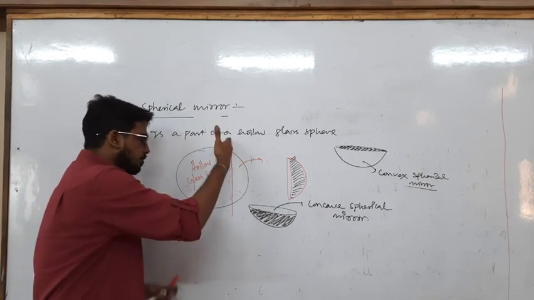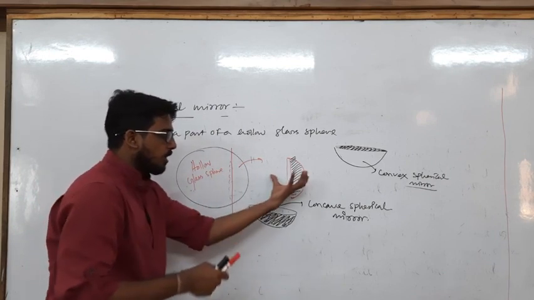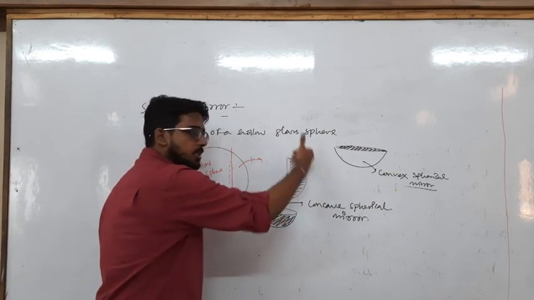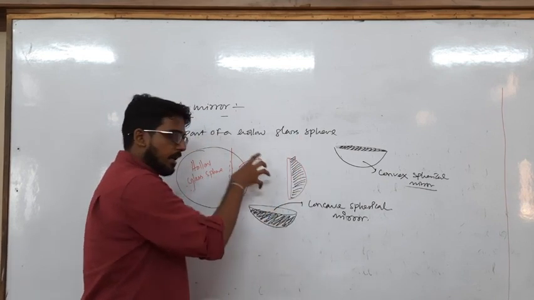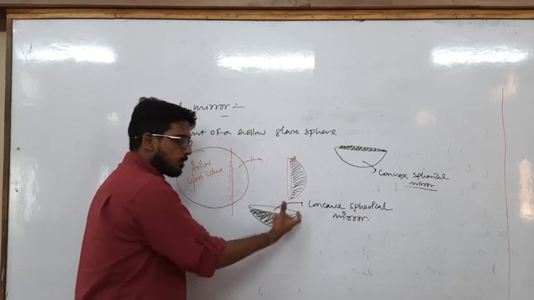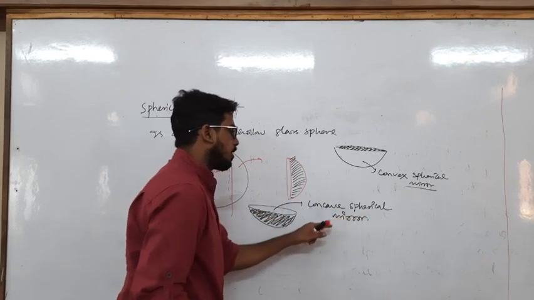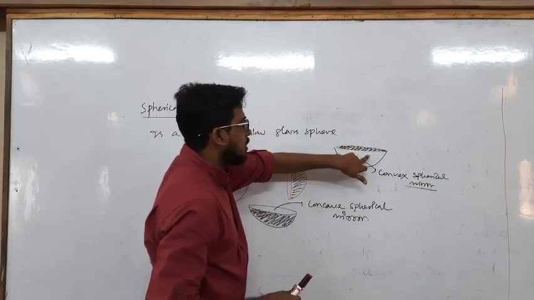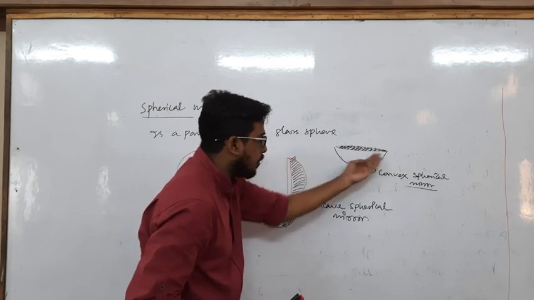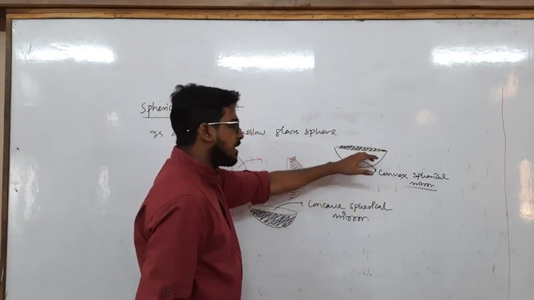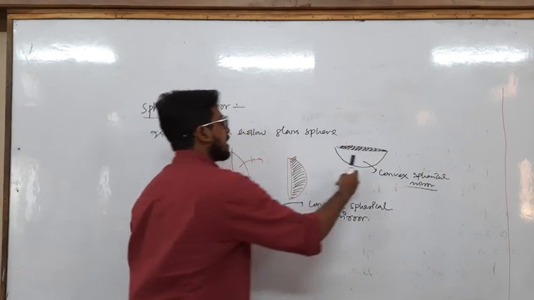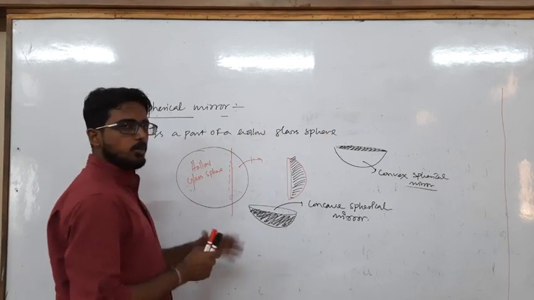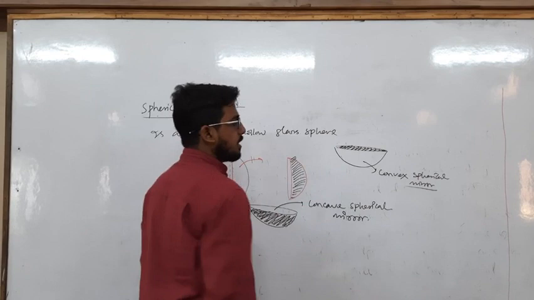If I apply opaque material from the outside, the inner side becomes reflecting, light is incident and gets reflected from the inner side of the spherical portion, and that is a concave spherical mirror. If I apply opaque material on the inside surface, the outside becomes reflecting, and when light is incident it is reflected from the outside, then it is a convex spherical mirror. So spherical mirrors are of two types, one is concave and another one is convex.